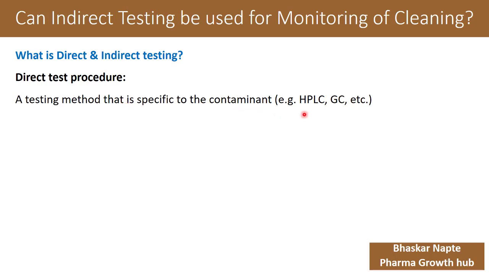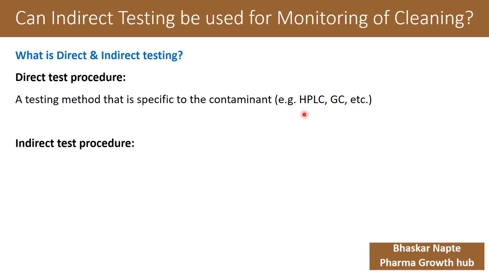For example, if you are manufacturing a paracetamol API, and you have a testing procedure like HPLC, which is very specific for the response of the paracetamol, then you can say I have a direct testing procedure because my test procedure can specifically determine the concentration of paracetamol present in a sample. I hope you understand the direct test procedure.